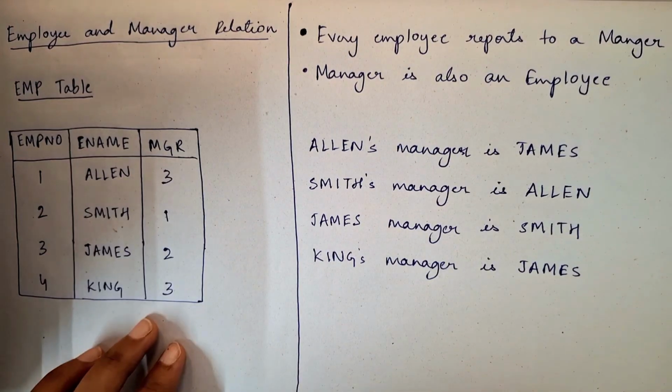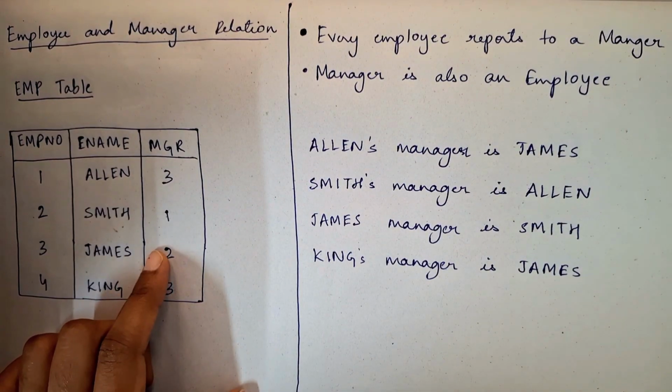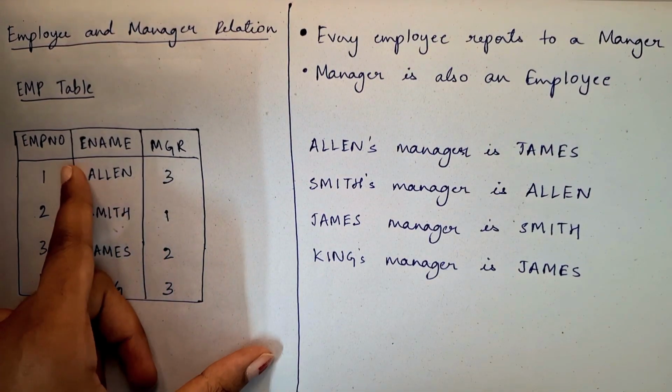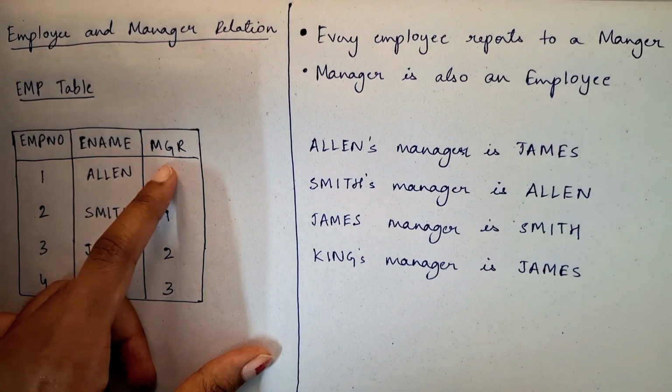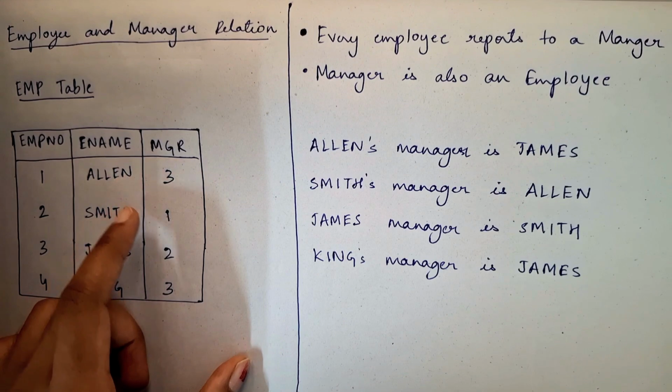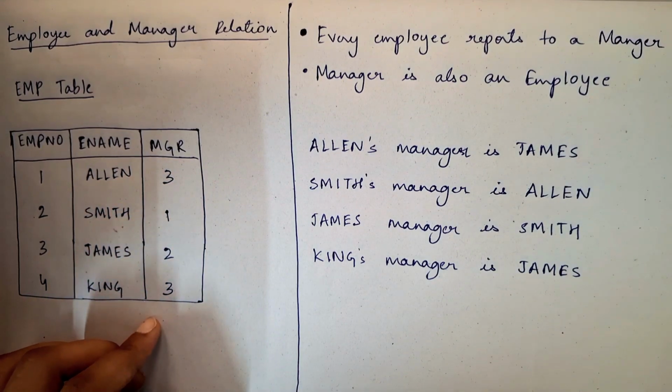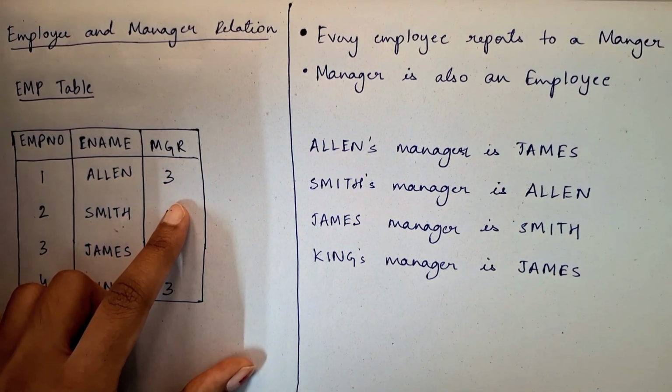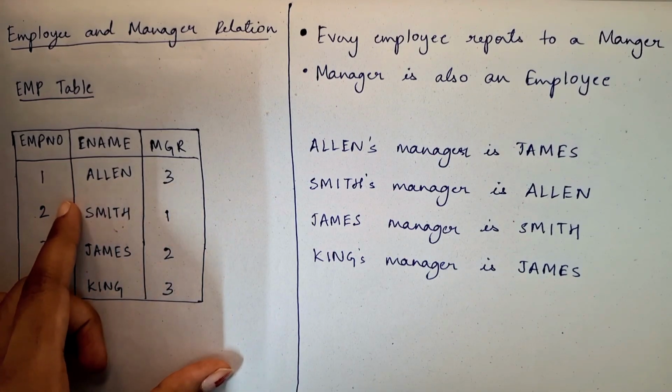For this, we are using EMP table, which has 3 columns, that is employee number, employee name, and MGR, which refers to manager ID guys. Now, the most important point here to notice is this MGR column is actually referring to employee number of the same table.